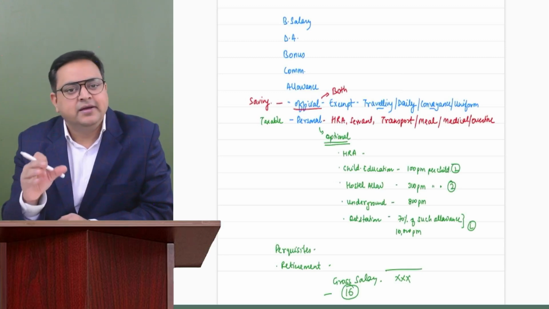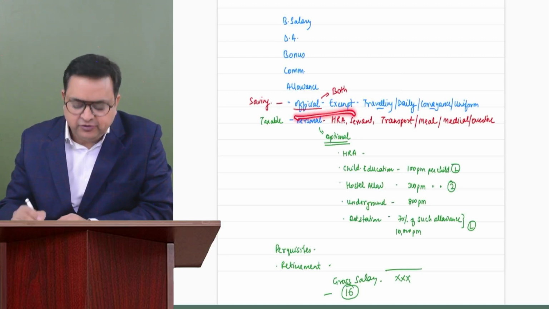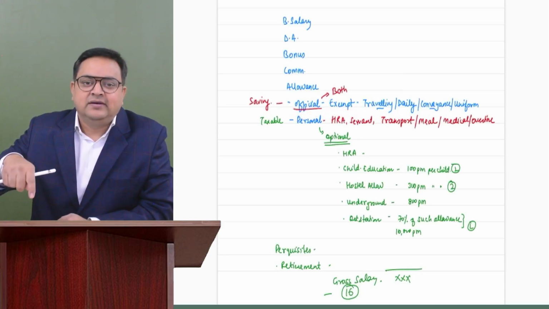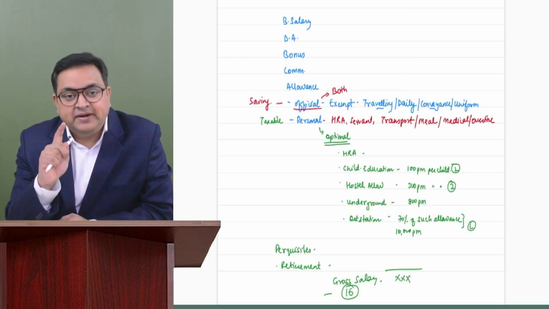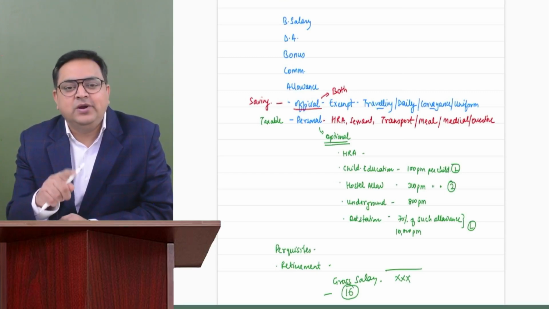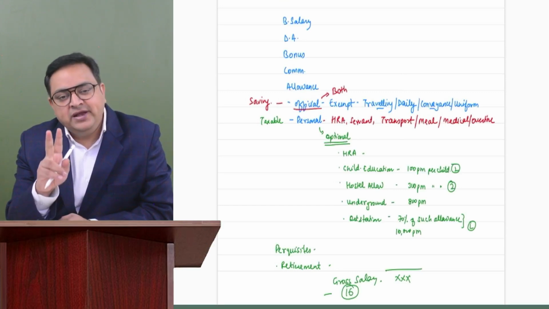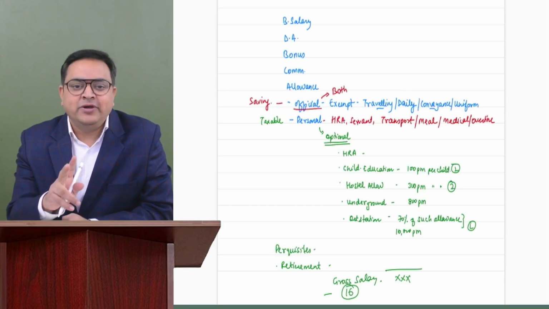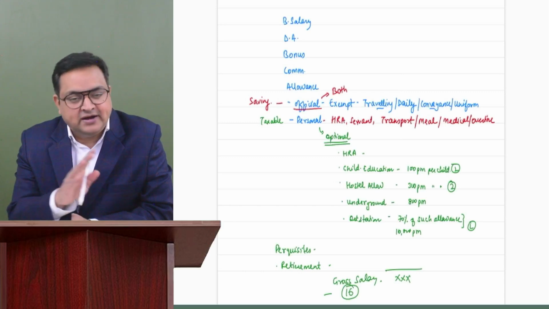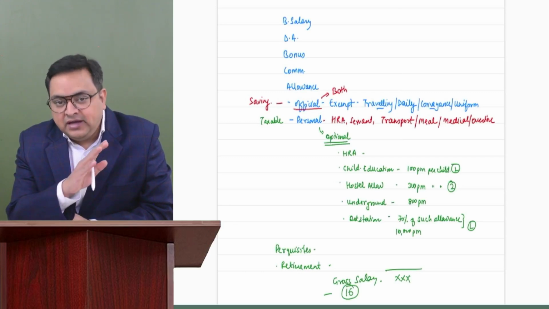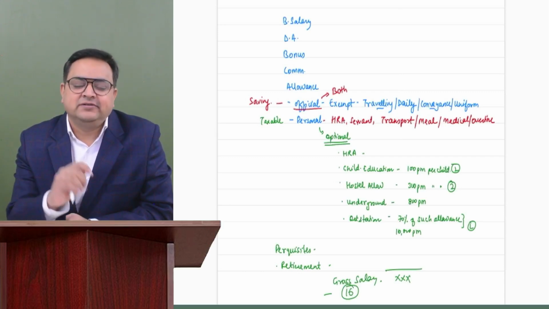For everybody, make it taxable. First of all, make it part of your gross salary. Then there is a deduction available, but deduction is available only and only if the assessee is following optional regime. Second thing, it is only available if the employee is a central government or a state government employee. That's it. For other employees, in optional regime also, entertainment allowance deduction is not available.